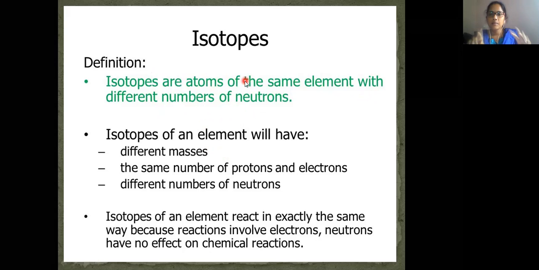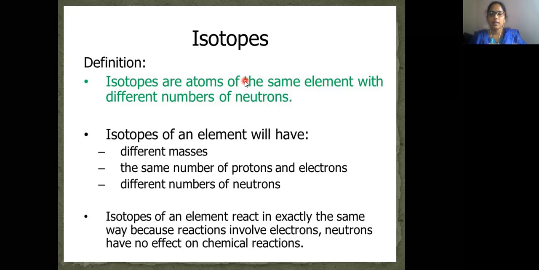They will have the same number of electrons and protons, but they differ in the number of neutrons. Isotopes of an element will have different masses, and the same number of protons and electrons but a different number of neutrons.